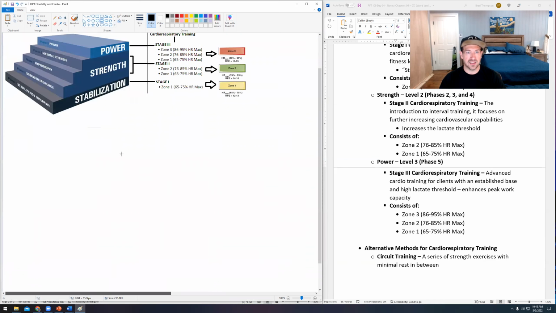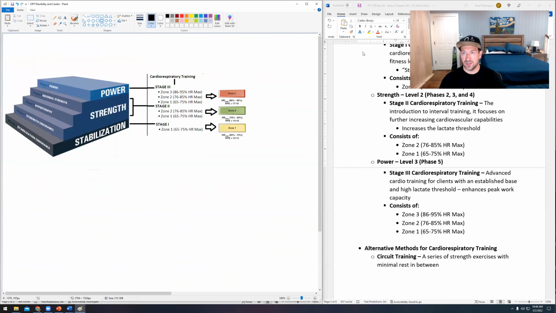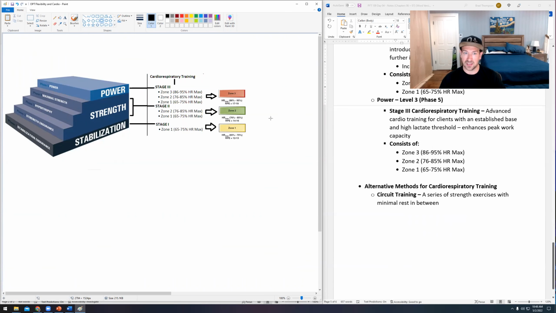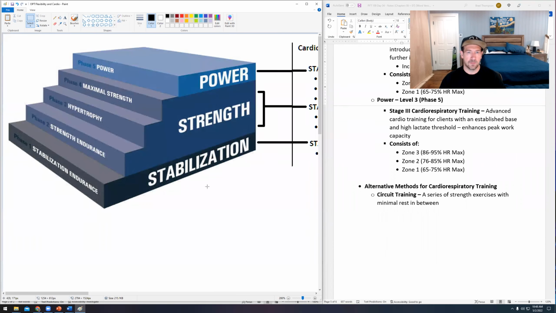So if my client is in the power level, here's an athlete who's full on getting better at peak work capacity, working as hard as possible, right? So they're going to do a blend between zone 1, that's the full recovery, zone 2, which is the medium recovery, and zone 3, which is not recovery, that is full max effort work. That's like, I'm dying, because they're working as absolutely hard as they can at this point.